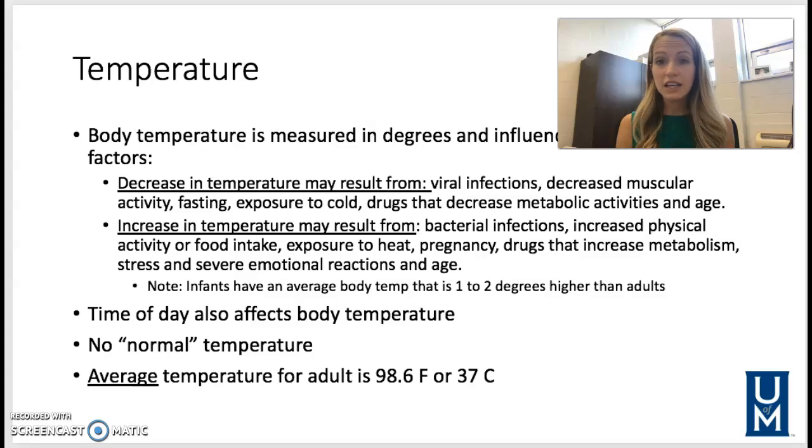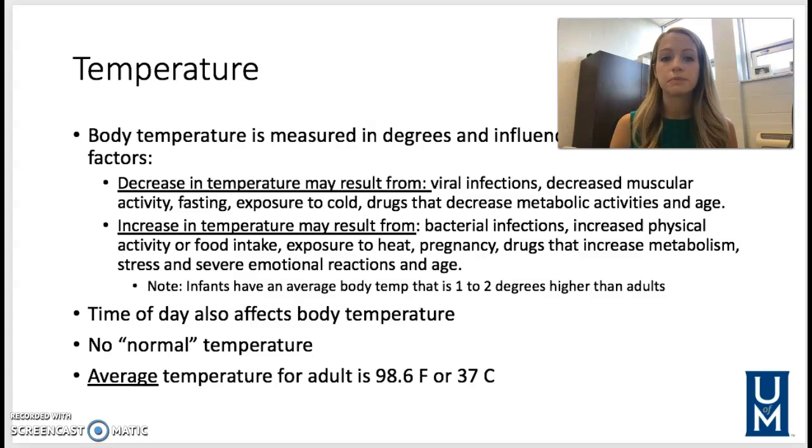So if you're fasting, you have no food in your body to be digested, you aren't going to be creating that heat. Obviously, exposure to cold. Our body is exposed to those elements, creating a decrease in temperature. Drugs that decrease our metabolic activities. Again, things are slowing down, so we're not creating that heat from those muscles.